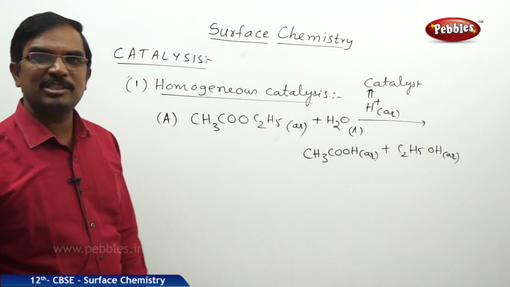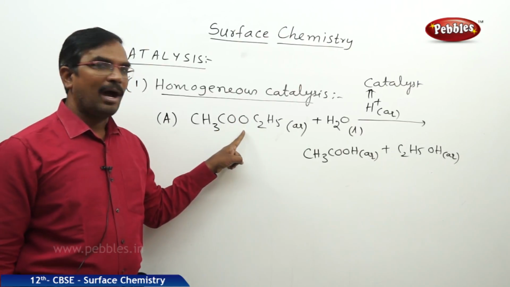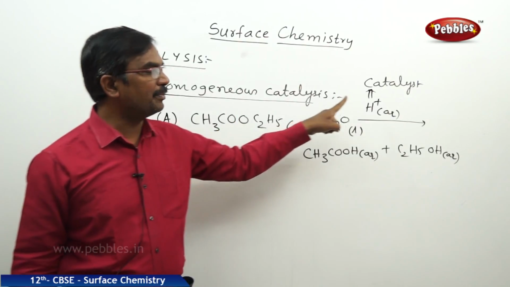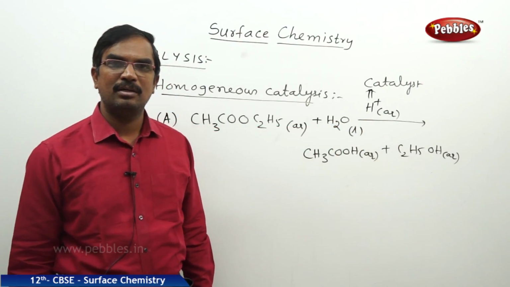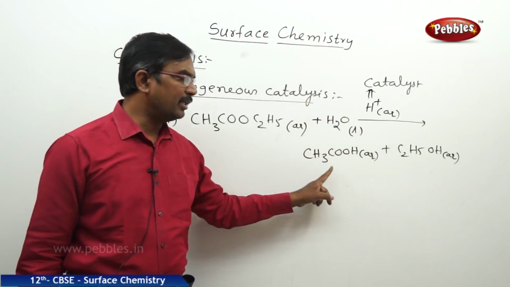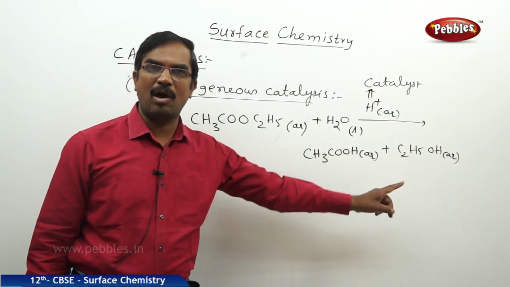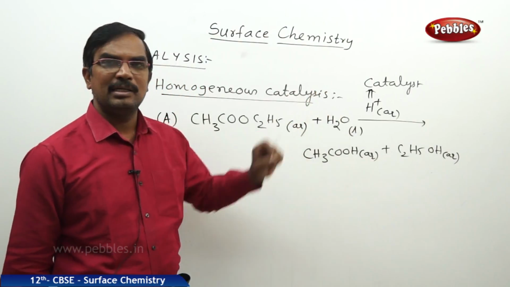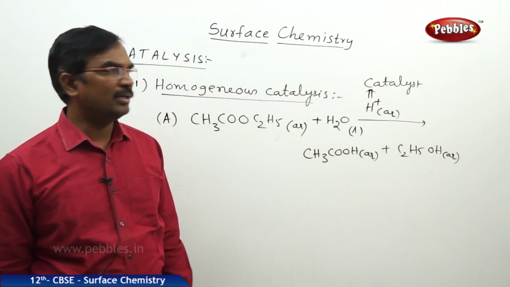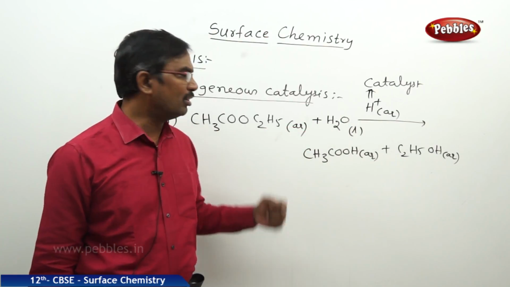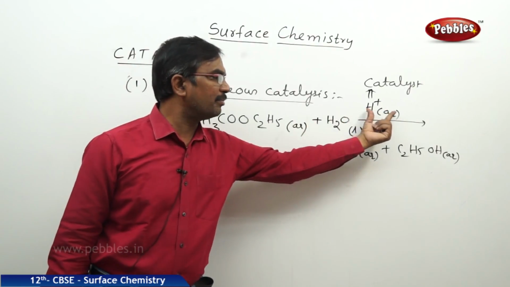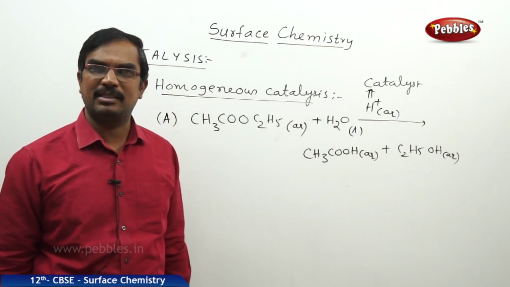So as per this representation, in the hydrolysis of the ester in acidic medium, acid is used as a catalyst here. In its presence, we get the corresponding products, acid as well as alcohol. So this particular reaction is an example of homogeneous catalysis, because all the reactants and the catalyst are in the same physical state.